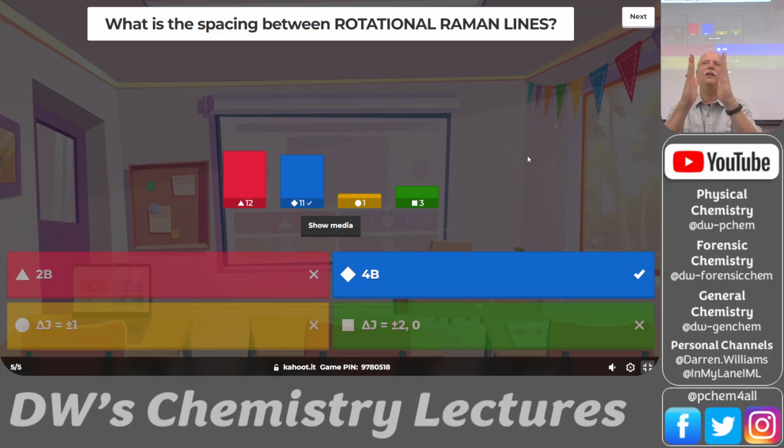The spacing between those lines in the direct absorption spectrum is 1 delta J, and it's 2B. And then the Raman, which has a jump of 2 delta J, 2 J levels, the spacing in the Raman spectrum is 4B, so it's even further apart.